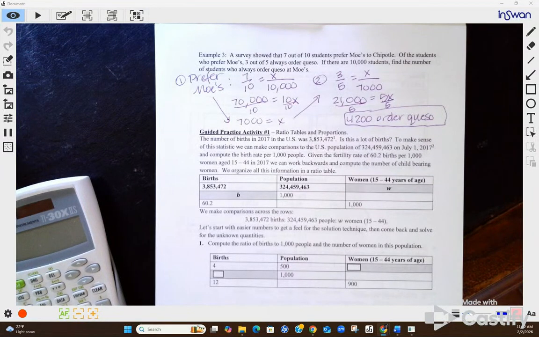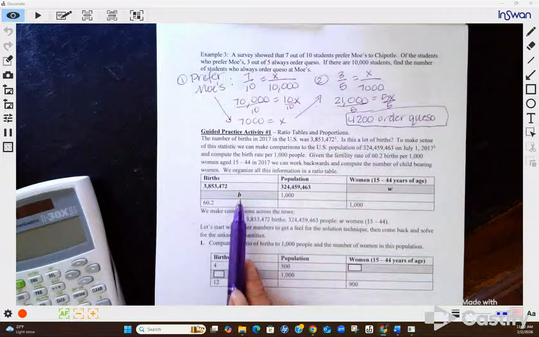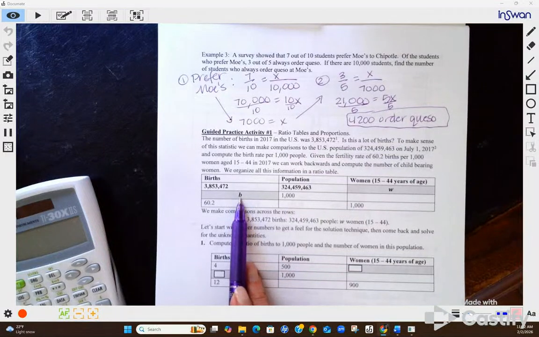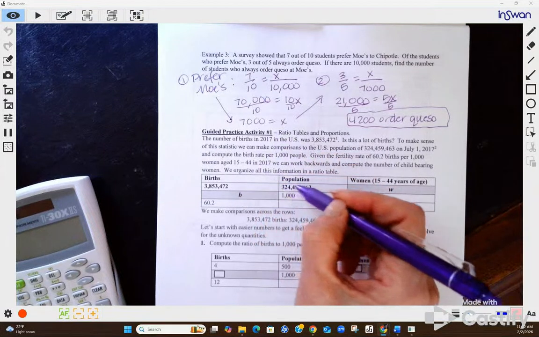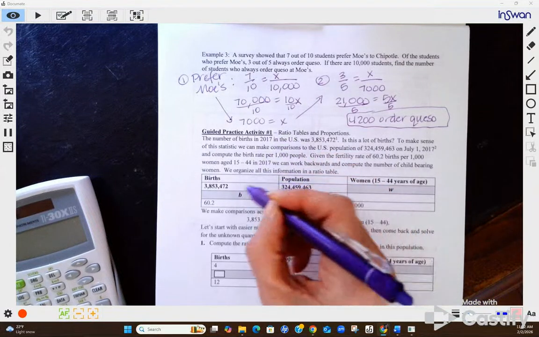All right, so we make comparisons across the rows. So think about like you want everything to match up like in a box or a rectangle. So if I want to find this number B, okay, so this matches over with this, that lines up, right?